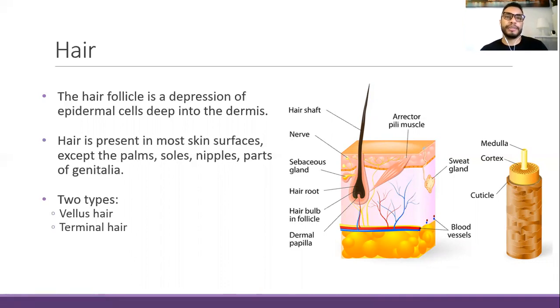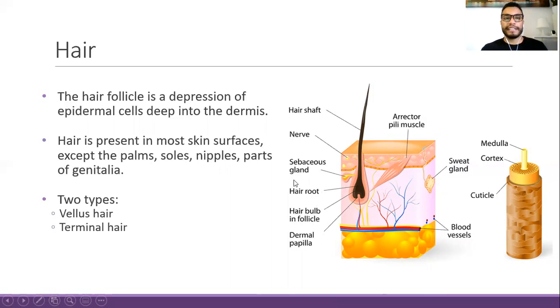This is the hair that we see in babies and also in adult females, in women. And the terminal hair is the hair that is thick, that we see on our head and eyebrows.